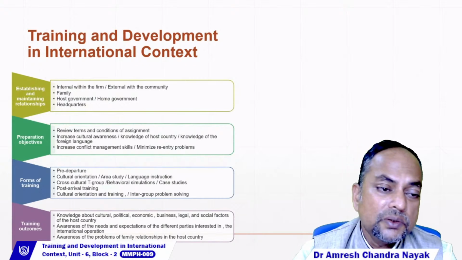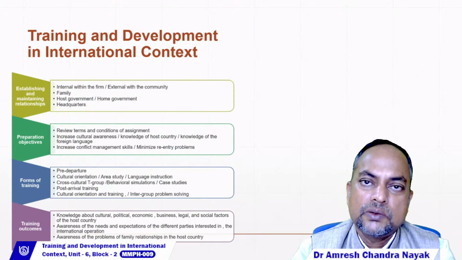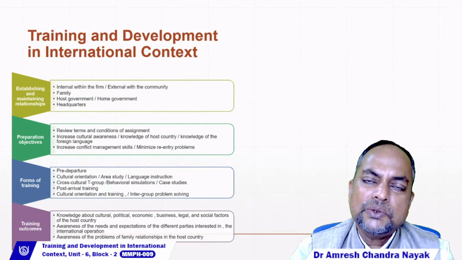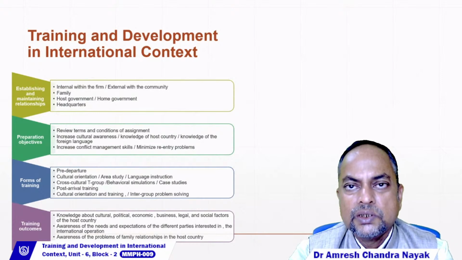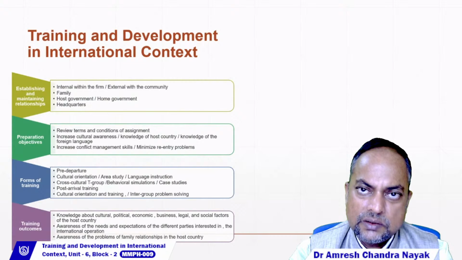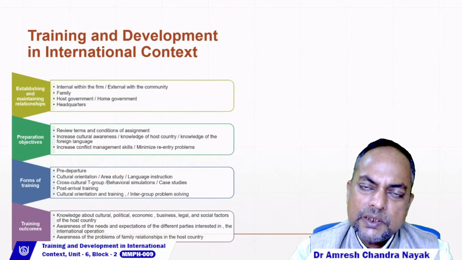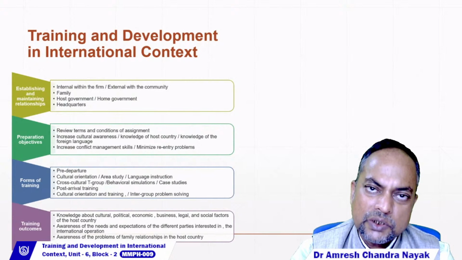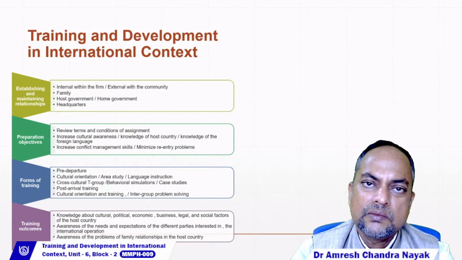In the second phase, when people are exposed to the different aspects or nuances of the host country culture, they pass through the phase of anxiety. Then they gradually adapt to the host country culture until they reach the mastery phase, where they are completely accommodated with the host country culture. So there are different phases of adaptability. What we need to do is design the training program in such a way that people in all these different phases can be accommodated.